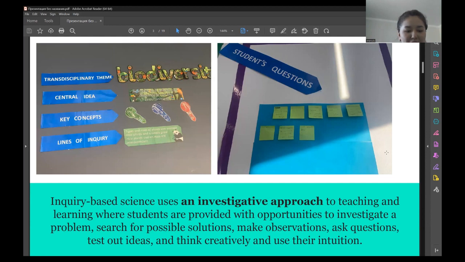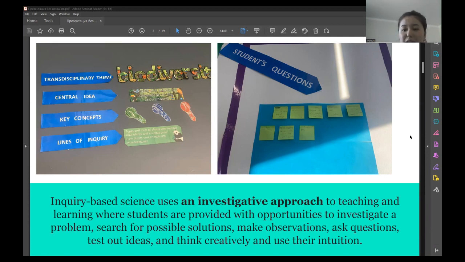Next slide. First of all, what is inquiry? Inquiry's meaning is very similar to the meaning of investigation, exploration, testing, questions.